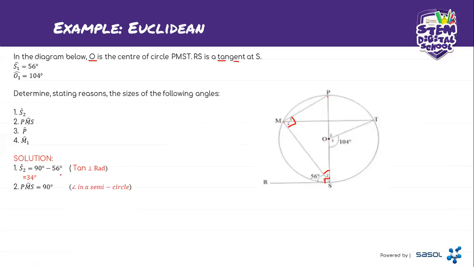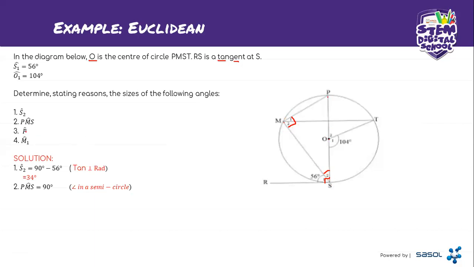Angle MS equals 90, angle in a semicircle. You remember we've got a diameter, and the angle subtended by the diameter is equal to 90 degrees, right? So once we have a diameter there, the angle formed by this diameter is going to be 90 degrees. So you can give this reason: angle in a semicircle.